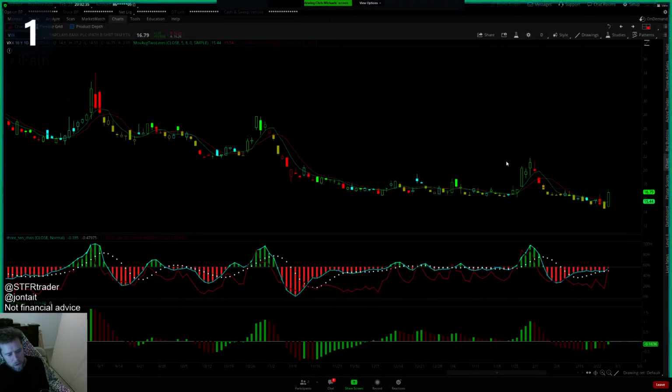Now as TLT is slowing its fall, it actually reversed and closed off the lows. Well, LQD and HYG did not. It's now spilled over into high yield corporate bonds, which is what I have been predicting for like 2 weeks now.